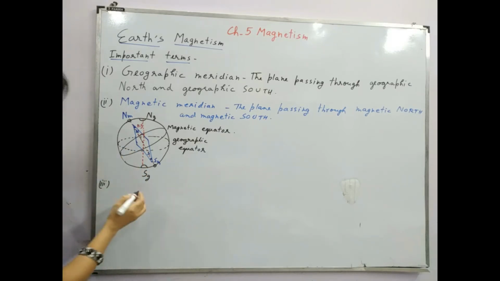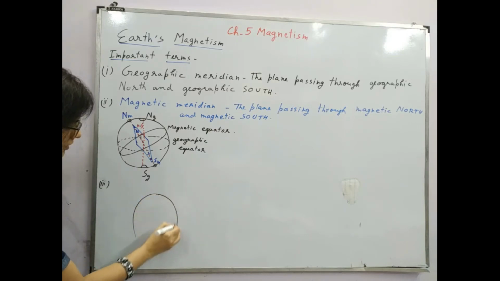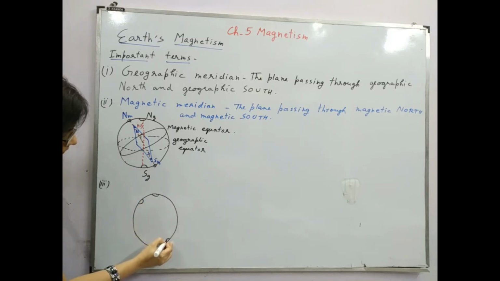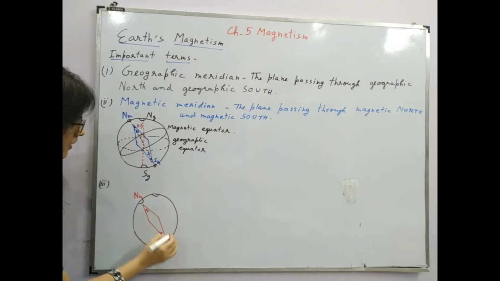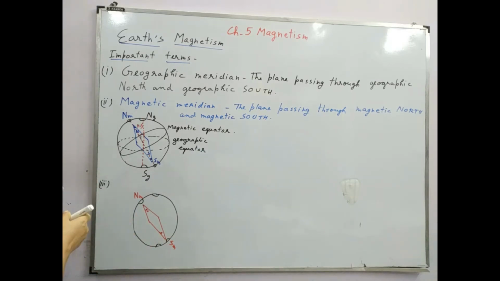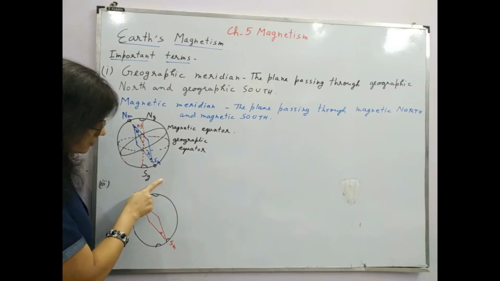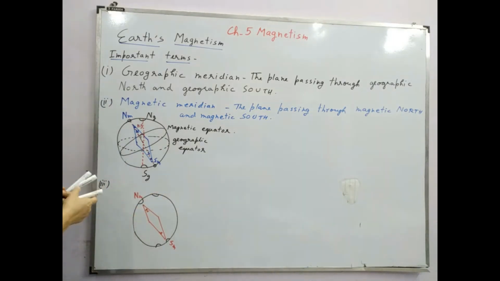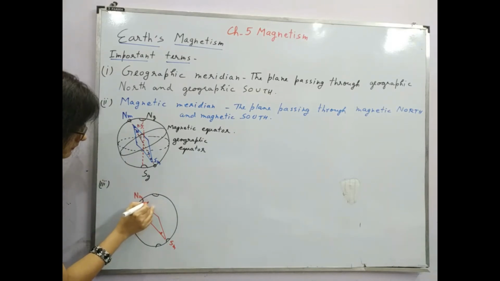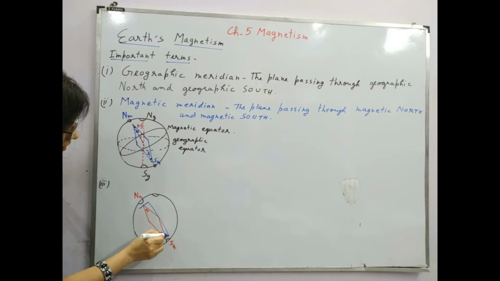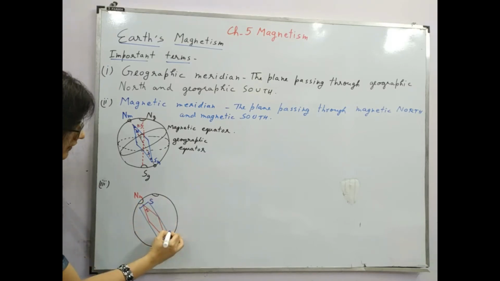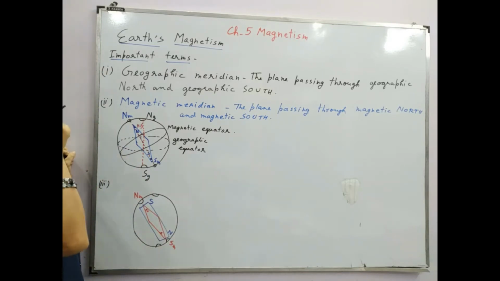If we consider Earth as a giant magnet, and we say that our magnet is resting in this direction, so this is your magnetic north and magnetic south, that means the Earth's magnet must have opposite polarity inside the Earth. The Earth's imaginary magnet must have this polarity, because unlike poles attract each other.